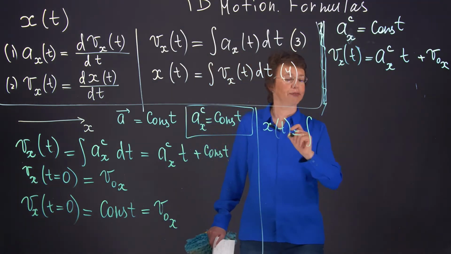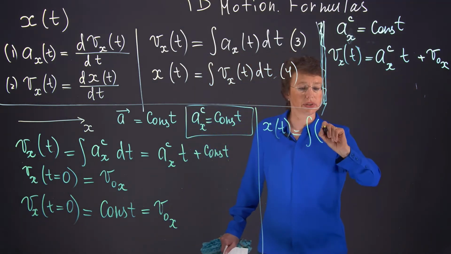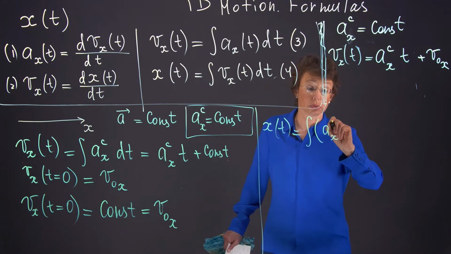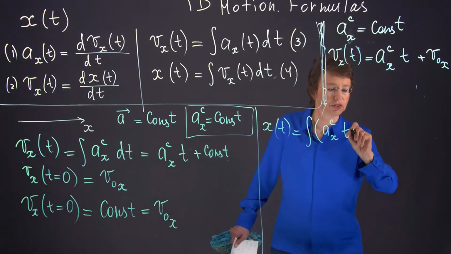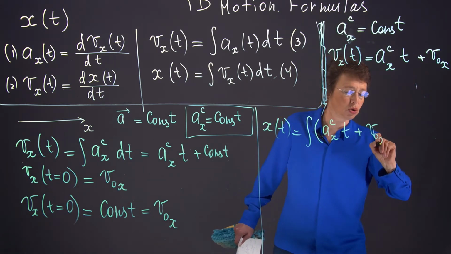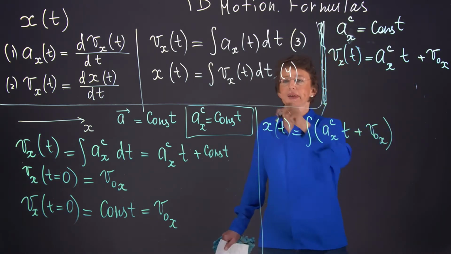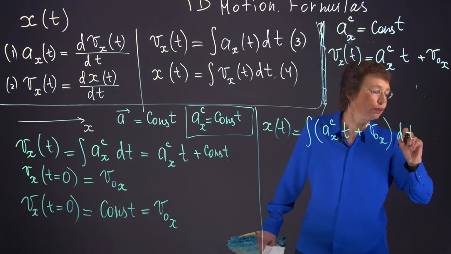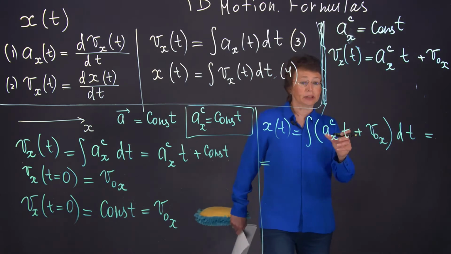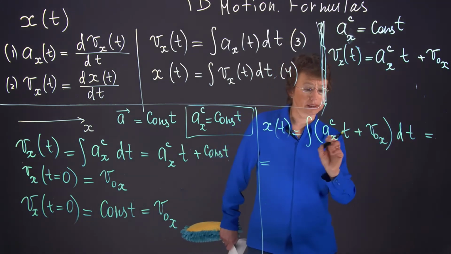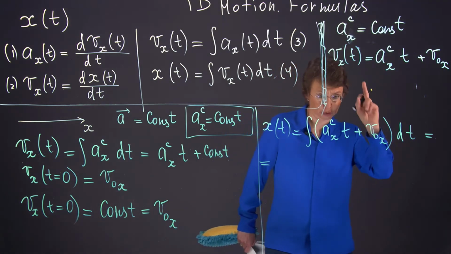Indefinite integral. Now I rewrite this. This is constant. We remember that. t is a variable, and v naught x is a constant. It's a given number. And then dt. We cannot forget dt. We integrate with respect to time. I take this integral of axc t dt first.